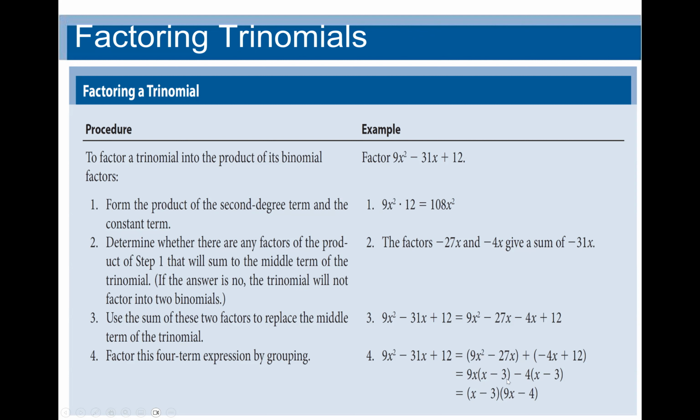Here also we have 4 is common, so we take negative 4 out. Negative 4x divided by negative 4 will give me x. Then we also have 12 and negative 4 will give me negative 3. So now we can see x minus 3, x minus 3. So again, we do grouping. We have 9x minus 4 times x minus 3.